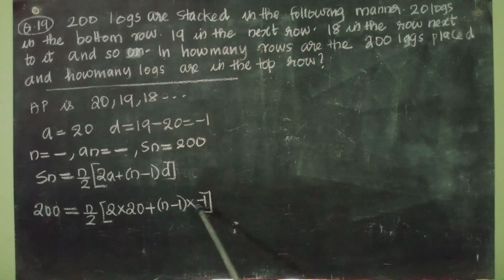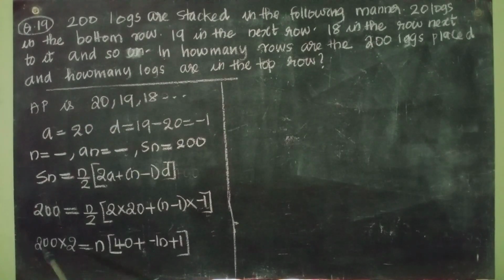Removing the bracket, n into minus 1 is minus 1n, and minus 1 into minus 1 is plus 1. That is 200 into 2 equal to n into 40 minus 1n plus 1. Now this 40 and 1 we can add.